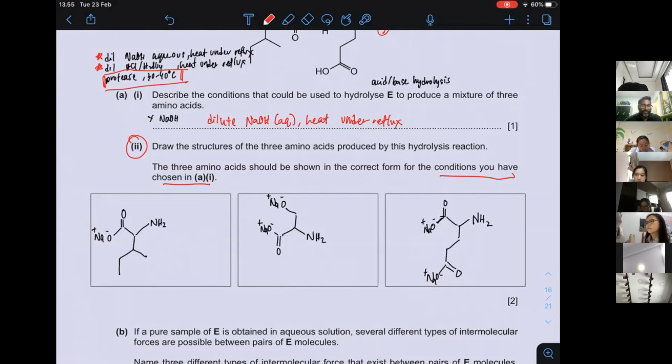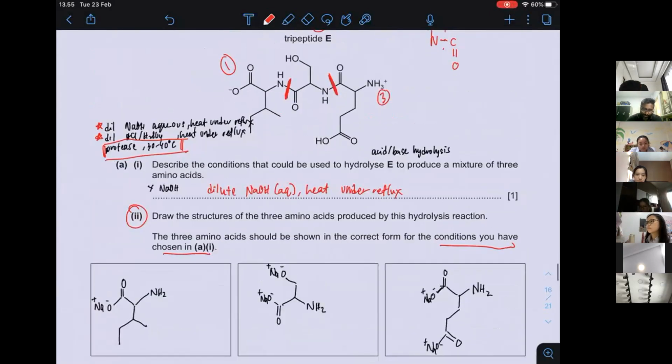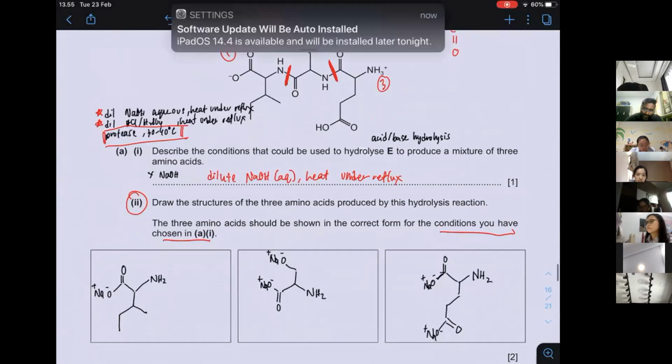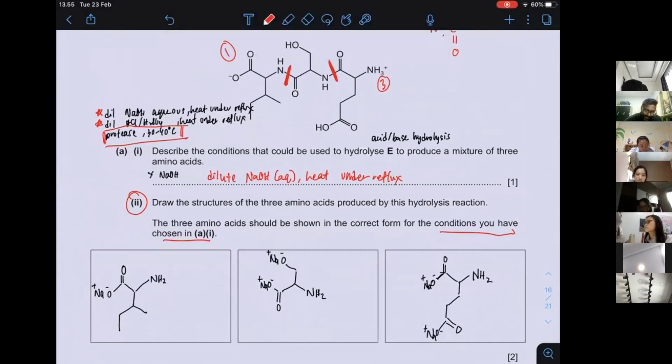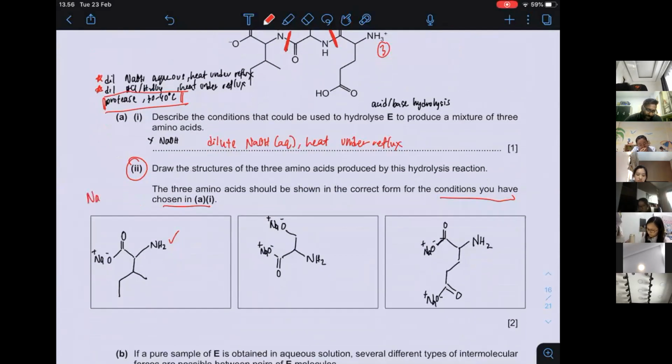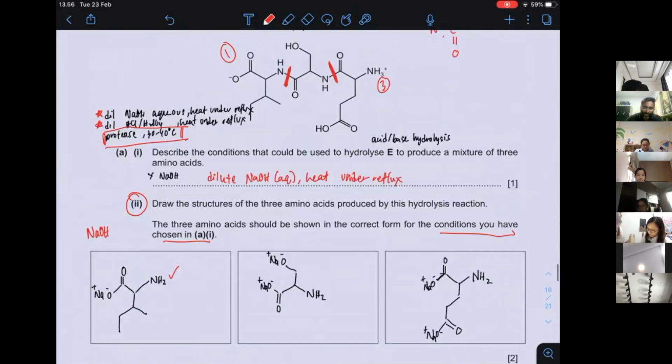The final answer would be something like this, where when you are using dilute sodium hydroxide and this bond is broken, you are going to get this molecule, and this part that I broke over here, you will get NH2, just put another H over there. Once you have this amine and so on, when you react with sodium hydroxide, do remember sodium hydroxide does react with this carboxylic acid group.